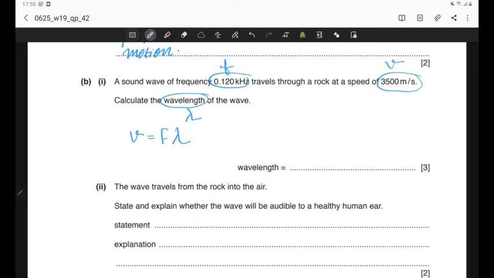In order to calculate wavelength, we make wavelength the subject. So wavelength is speed over frequency, where speed is 3500 over frequency 0.120 kilohertz, that is times 10 to the power 3. And we will get 29. So wavelength is 29 and the unit of wavelength is meter.